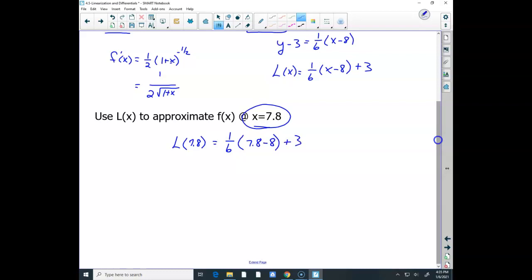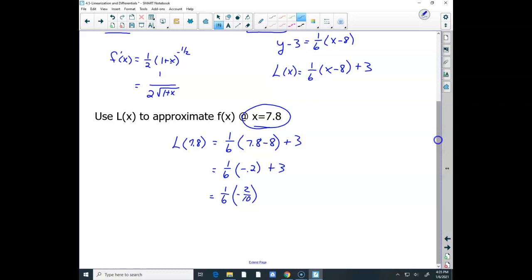Well, what is 7.8 minus 8? That would be negative 0.2, so 1/6 times negative 0.2 plus 3. I know negative 0.2 as a fraction is negative 2/10.